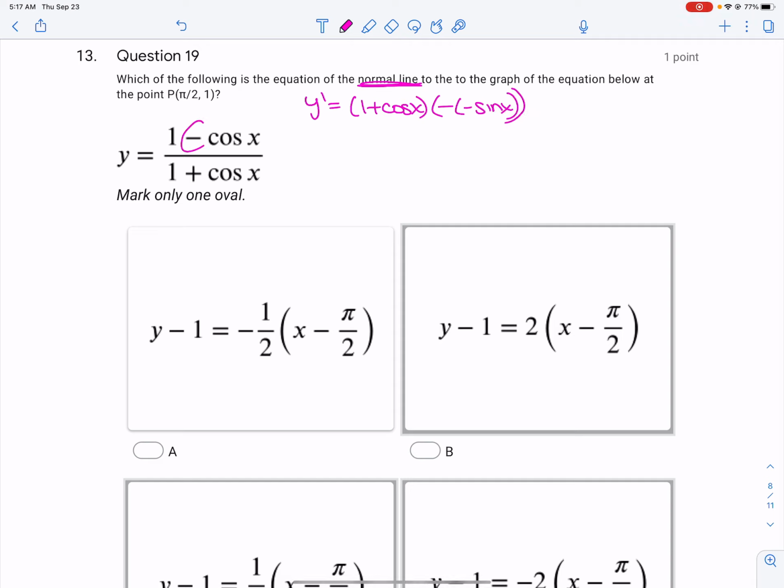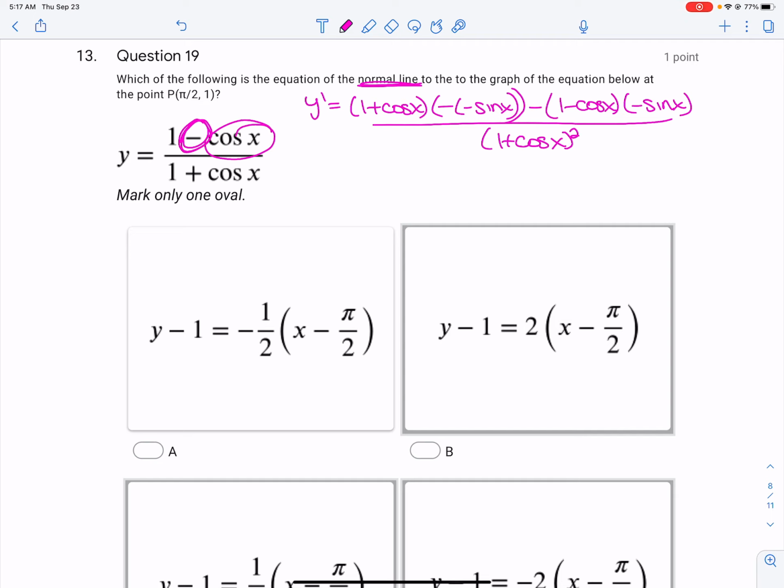And the reason why it's negative twice is because it's negative in front of the cosine, and then cosine derivative is also negative. Minus 1 minus cosine of x times the derivative of cosine, which is negative sine, all over 1 plus cosine of x, the quantity squared.